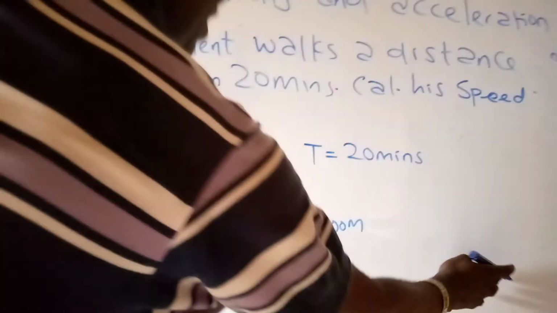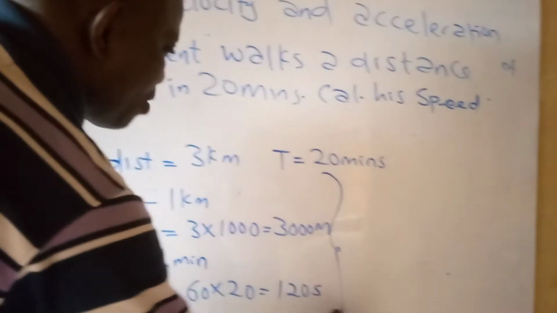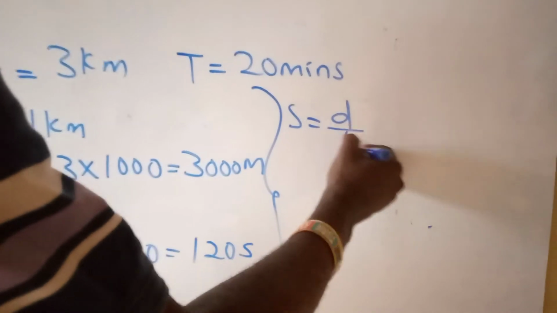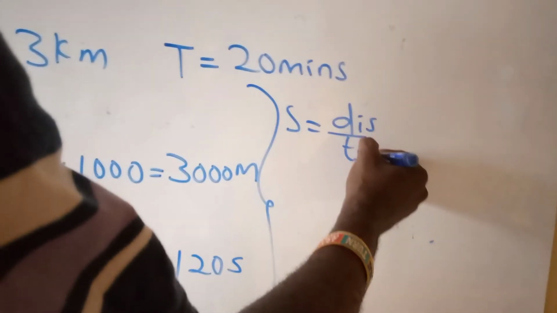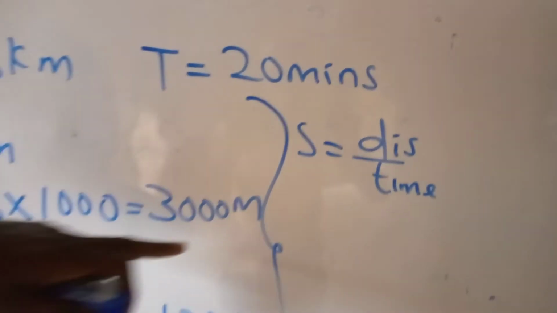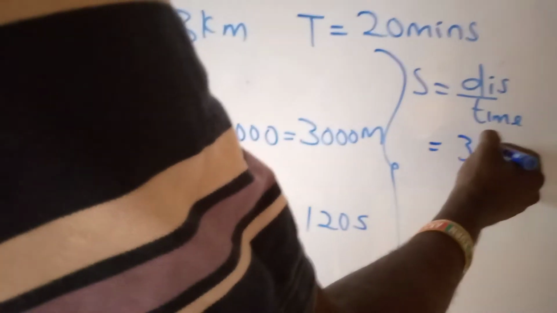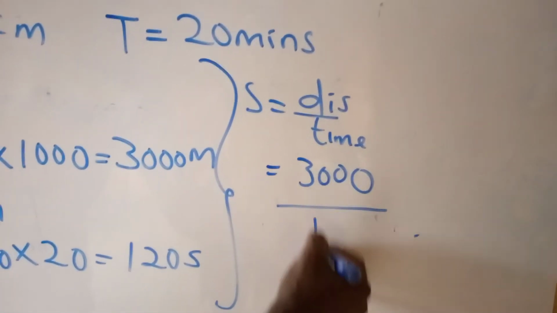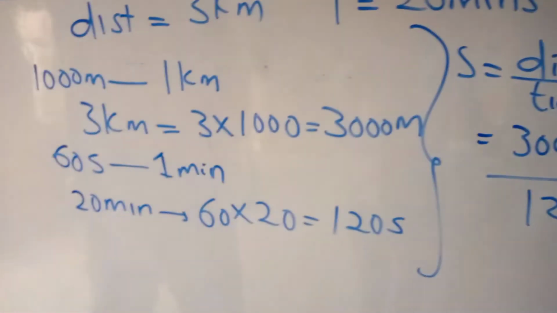So having converted this, we can now come here and say speed, which is distance over time. Please always keep your formula intact. Speed, which is distance over time. Now we have the distance, which is 3,000 meters over the time, which is 1,200 seconds.